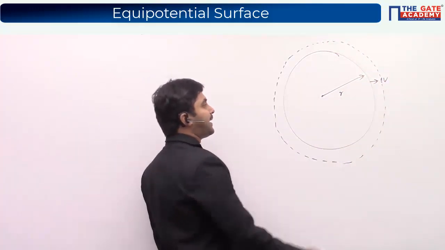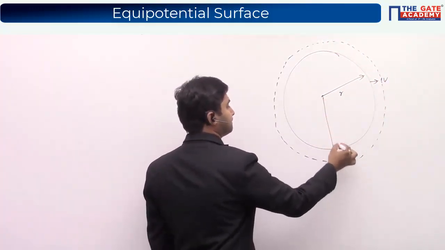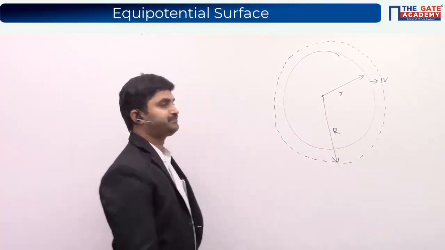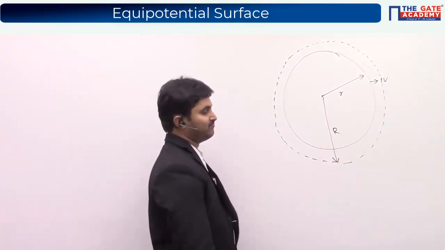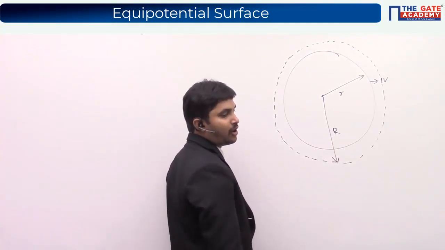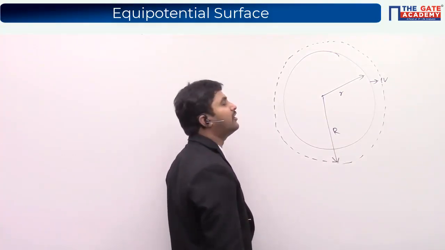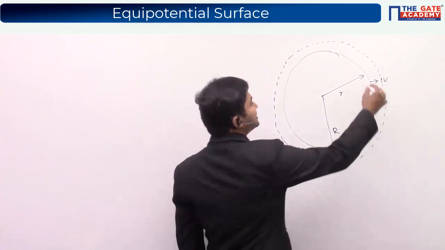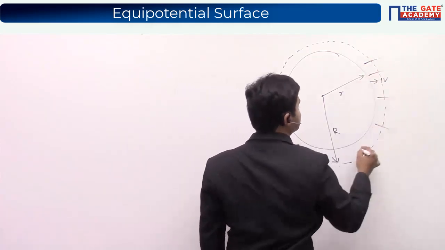So what is the electric flux coming out of the concentric spherical surface of radius capital R? What is the total amount of flux which is coming out?